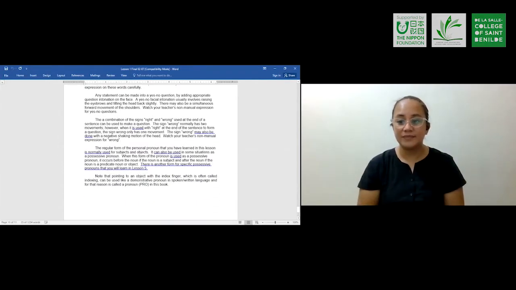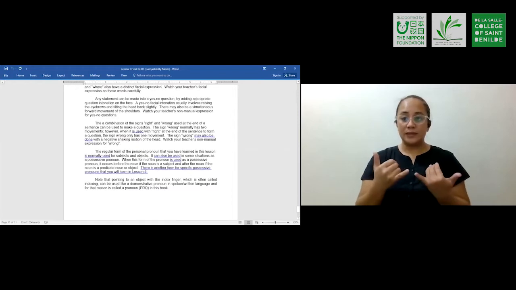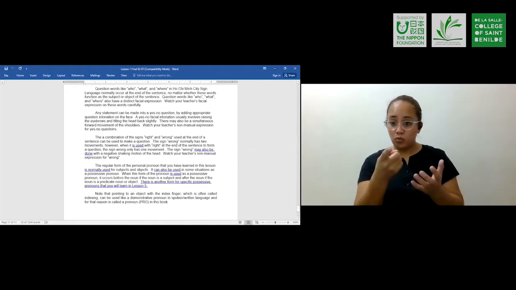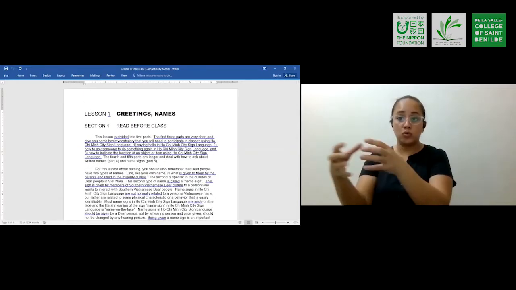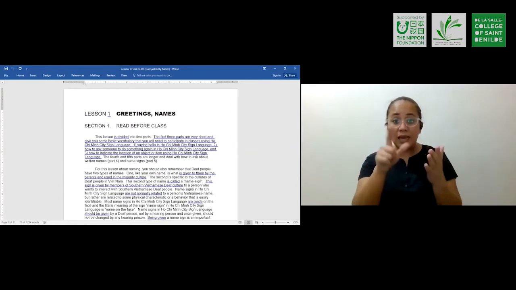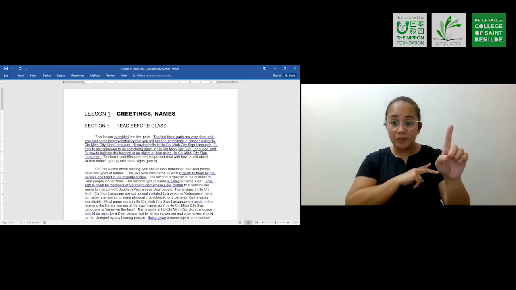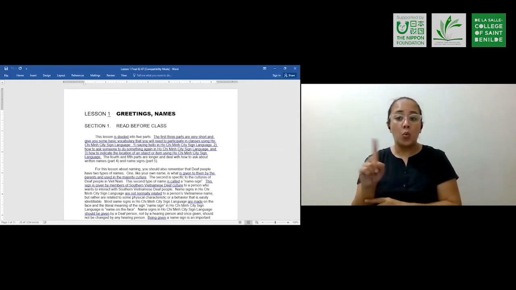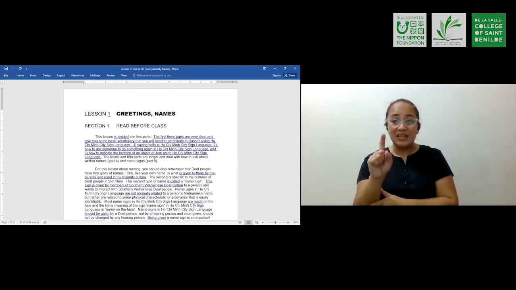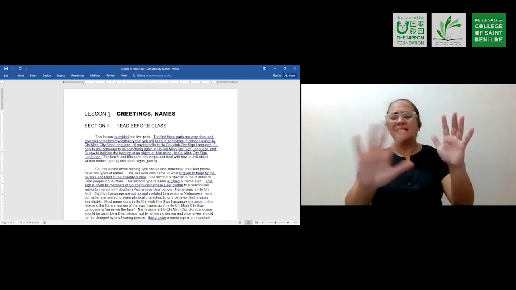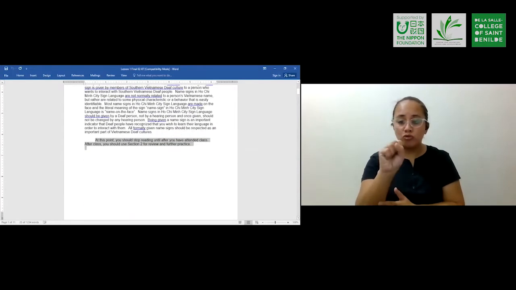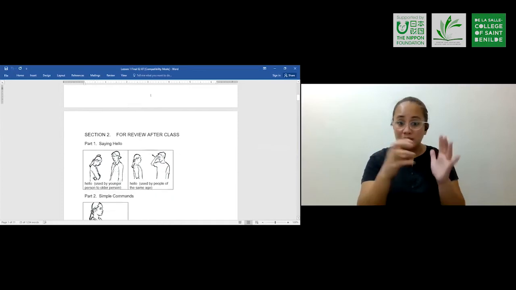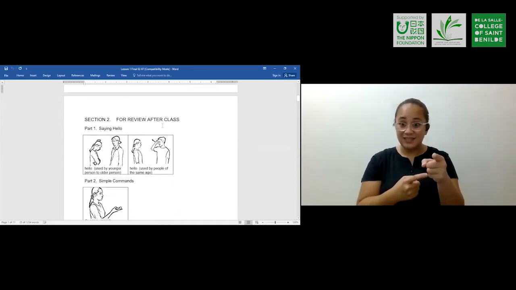So now, what I'd like you to do is to divide into groups right now and look at lesson 1 in Vietnam and what people have prepared in lesson 1 for Filipino Sign Language. Not the first long page, don't worry about that yet. Start with section 2. Start with this section. Section 2 for review after class.